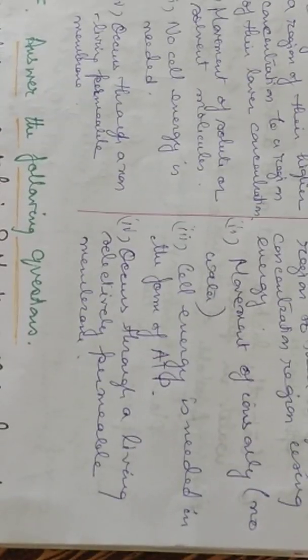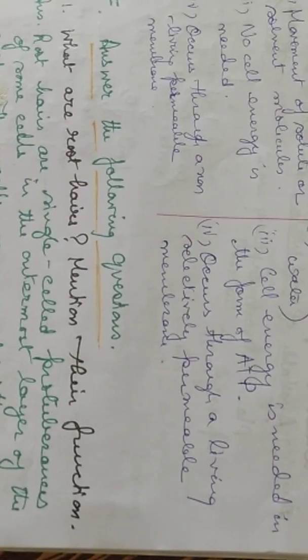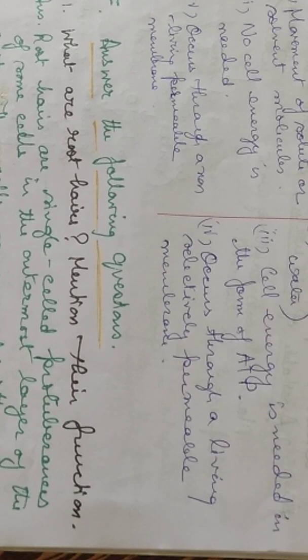Then in diffusion, there is movement of solute or solvent molecules, whereas in active transport there is movement of ions only, no water. Water does not move in the opposite direction, but ions only move from lower concentration to higher concentration. In diffusion, no cell energy is needed, whereas active transport is against the natural process, that is from higher to lower.